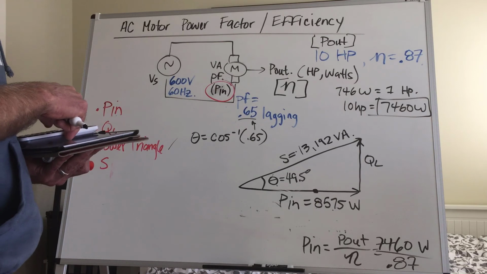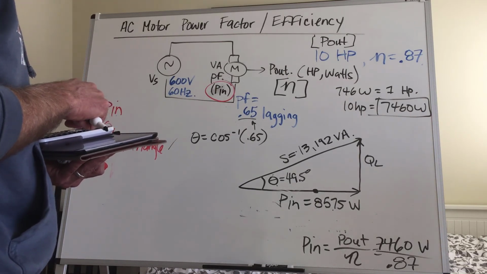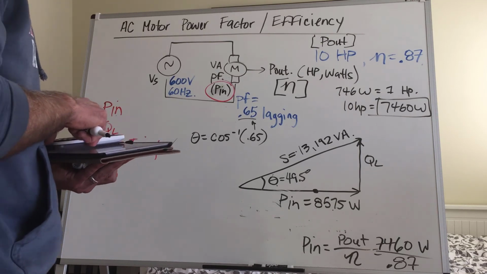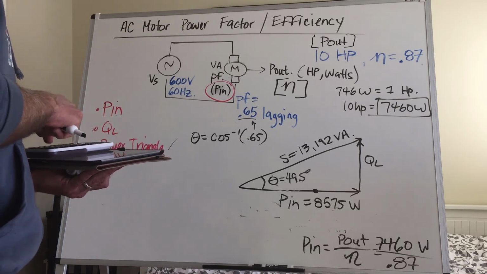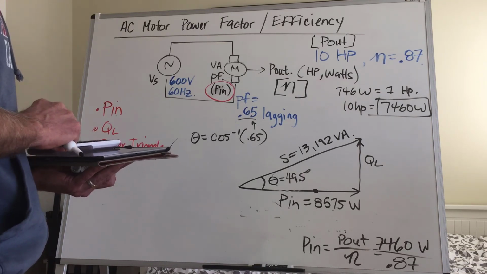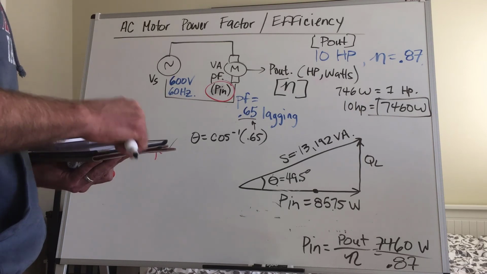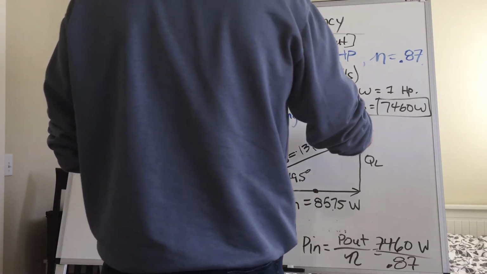Wait a second here, I don't like the results there. My real power value is coming up somewhat different, so let me go back. 8575 divided by 0.65. Maybe I need to go a little bit farther with that decimal place.